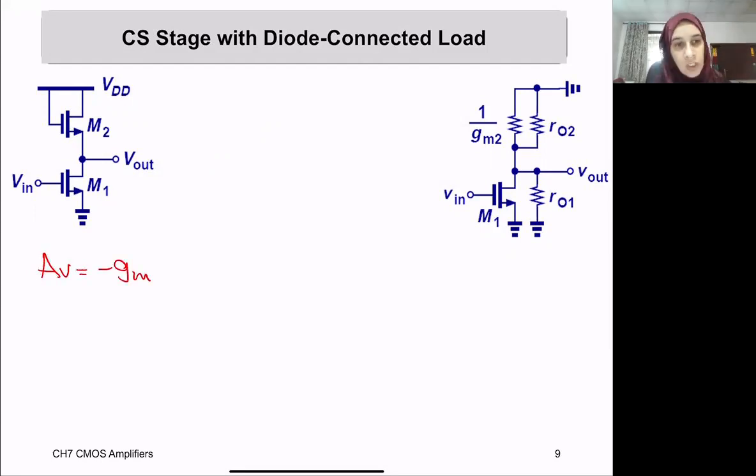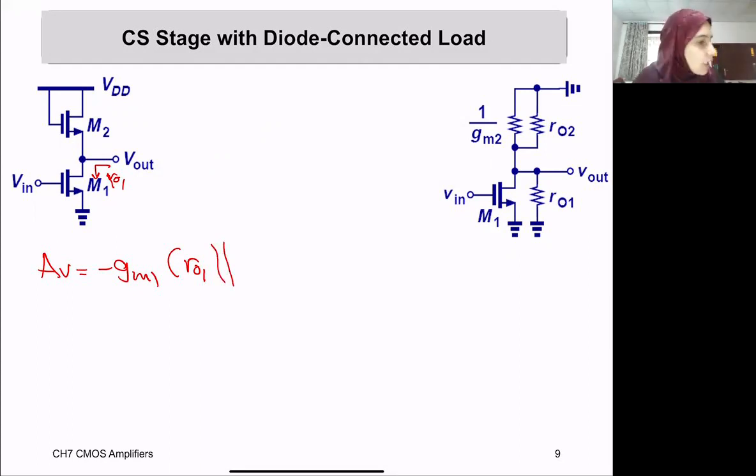Which one, gm1 or gm2? The input is applied on transistor M1, therefore it will be gm1. And with the impedance of the same transistor at the drain side, which is Rout1, because the output is taken from the drain side. And in parallel with the impedance that you see at your load.